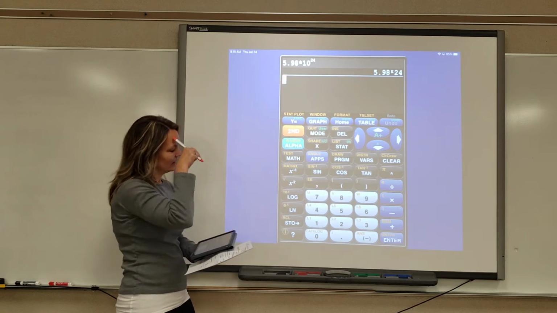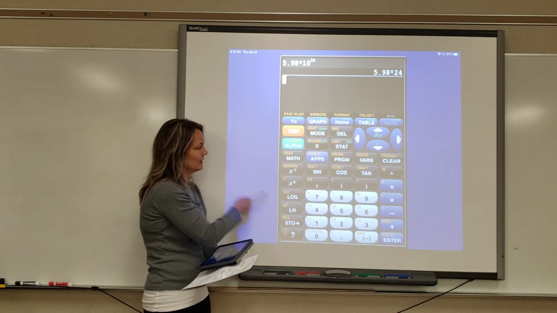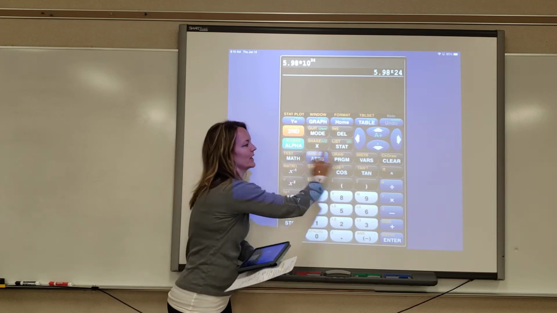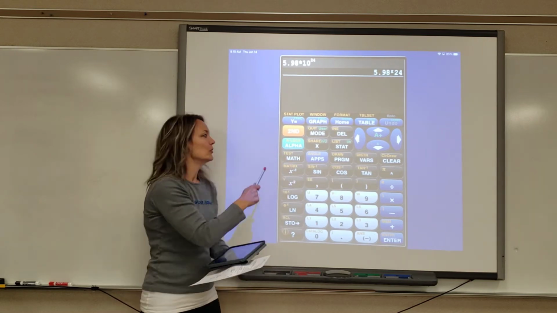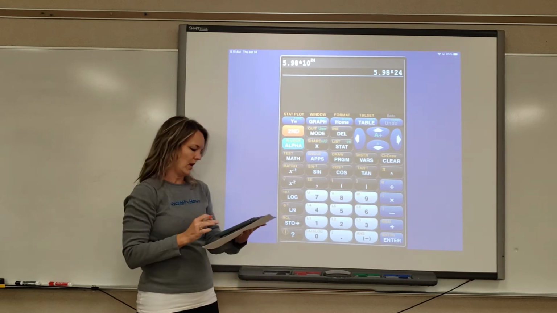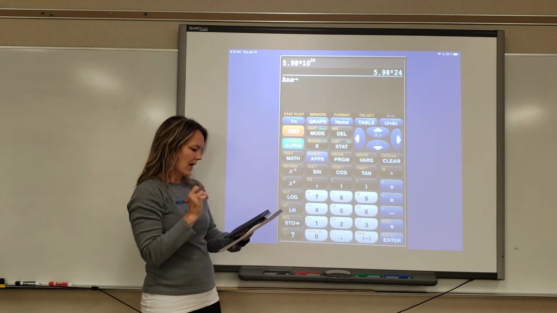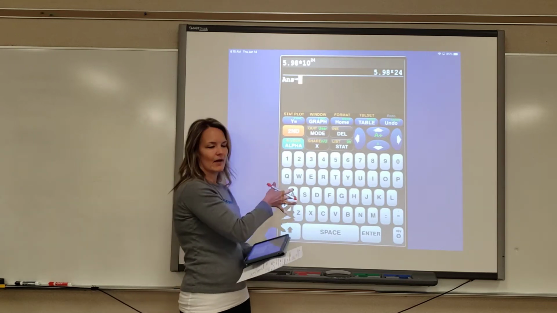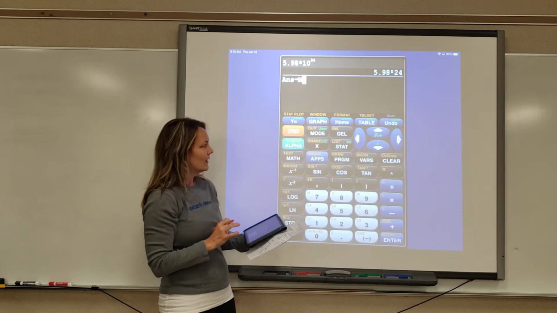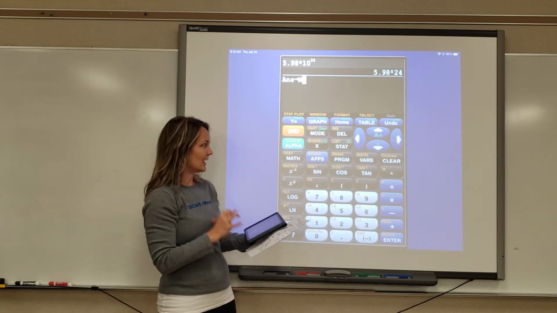From here, I'm going to hit store, and then I'm going to hit alpha, and mine is going to bring up the letters of the alphabet. Yours will already have them on there, in whatever color your alpha button was. I'm going to pick M for that, and then hit enter.